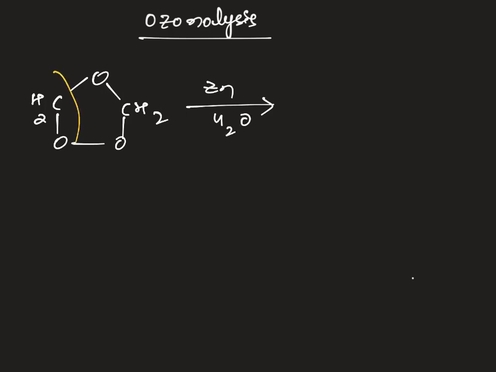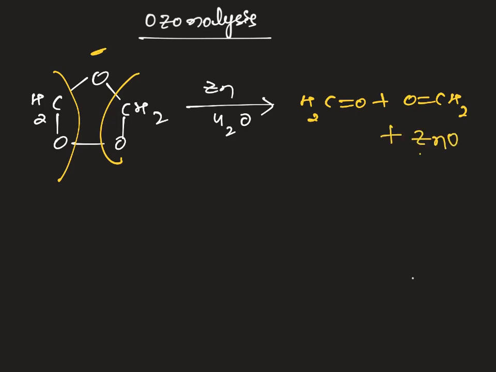The cleavage will take place in this fashion such that here C double bond O forms, and here also C double bond O. Whatever oxygen is left reacts with the zinc, which is converted into zinc oxide. So here I am writing CH2 double bond O plus CH2 double bond O, that is 2 moles of formaldehyde, plus zinc oxide. If it is stable, zinc oxide will be there, otherwise it may convert into zinc hydroxide in the water. So if you react with ozone followed by reductive ozonolysis, it gives formaldehyde.